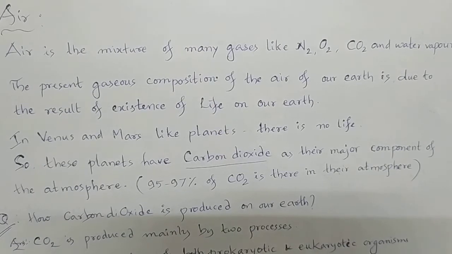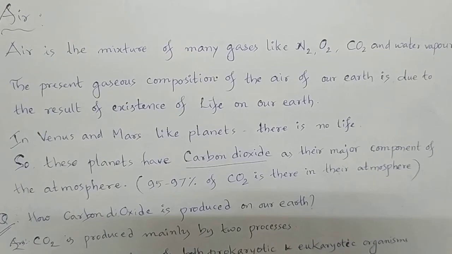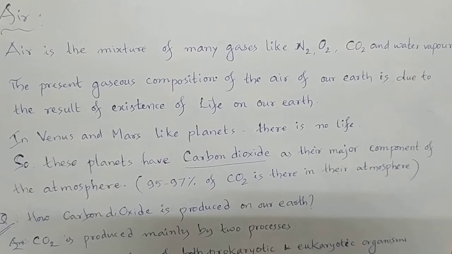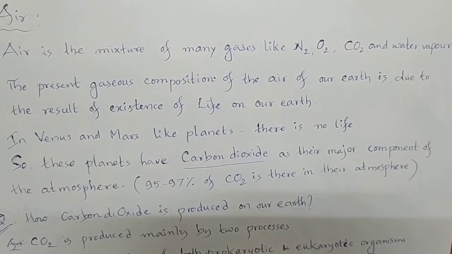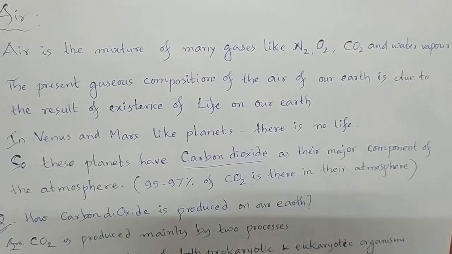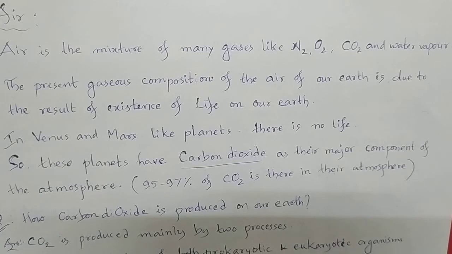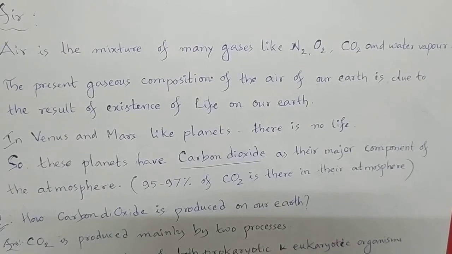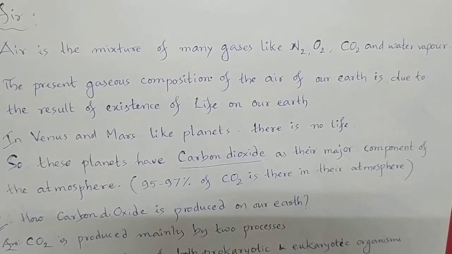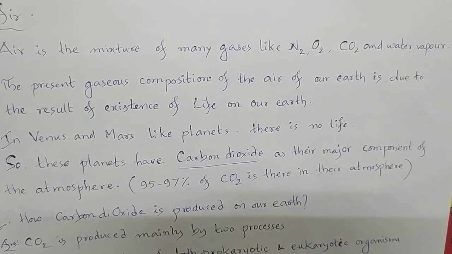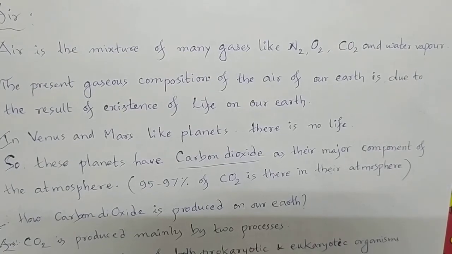If you take the other planets like Venus and Mars, where there is no life existing, this type of gaseous composition is not there in the air. There also air is there, but that air does not have this particular composition of the air on our earth.